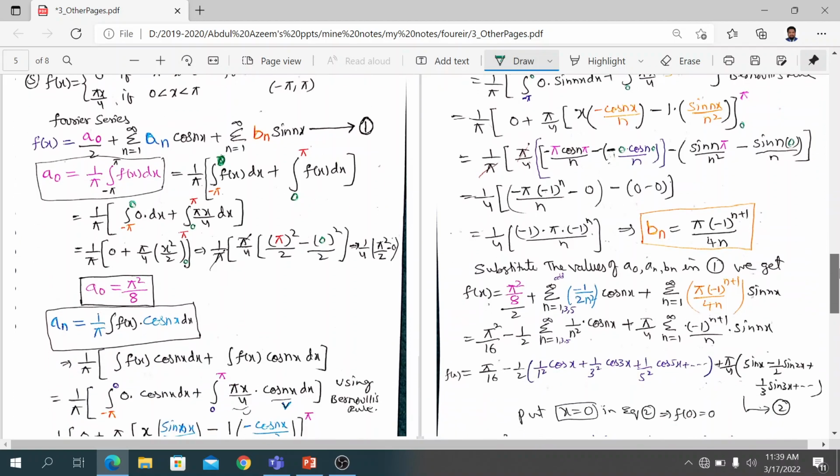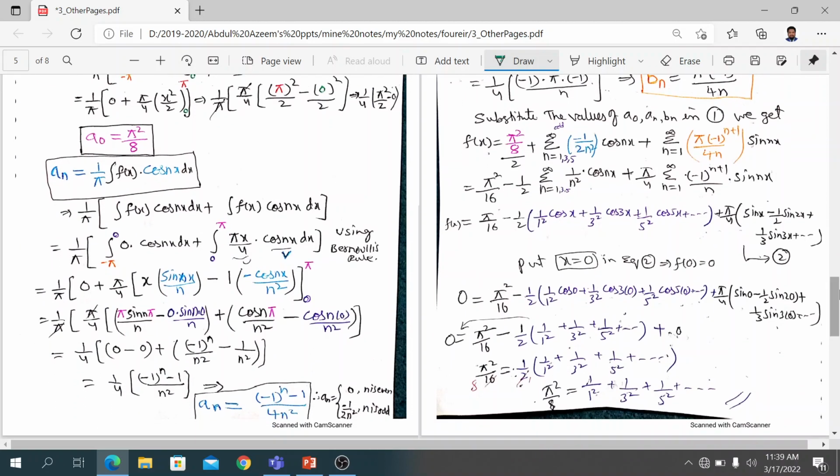Now next, a n. The a n formula is 1 by pi integration minus pi to plus pi f of x cos nx dx. So 1 by pi as it is.